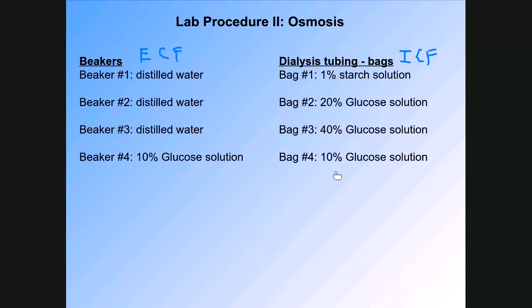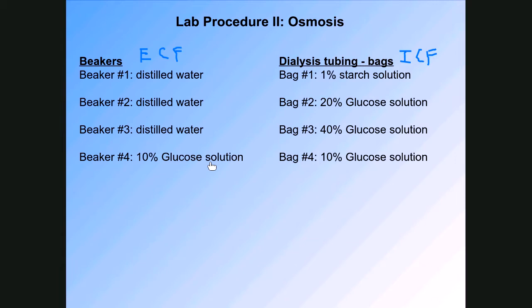So for this last one here, if I were to ask you, based on tonicity, since these two solutions are at equilibrium, how could I label this ECF in terms of hypotonic, hypertonic, or isotonic? I would say in this case, since the ECF has a solute concentration that's already equal to the solute concentration in the ICF, it's an isotonic solution. That's how it's functioning.